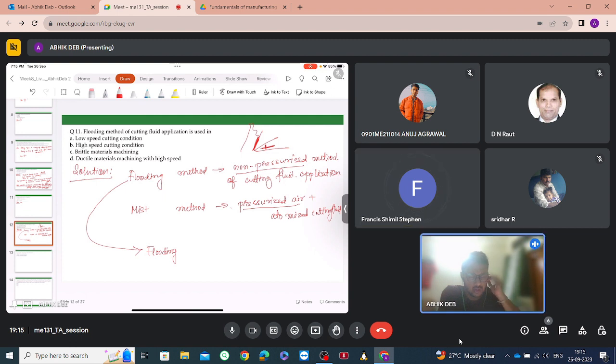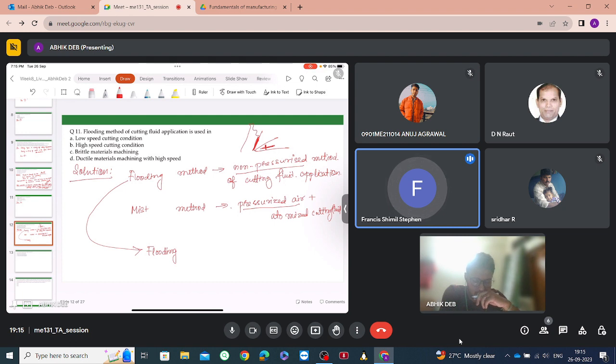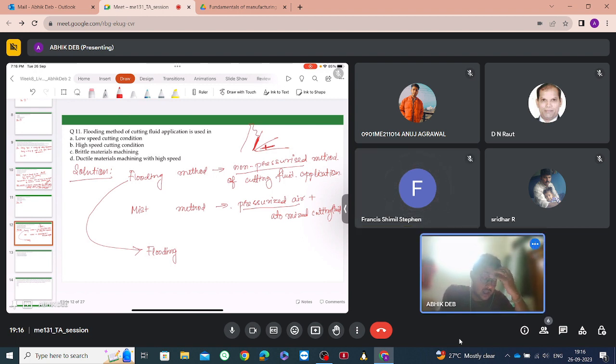Essentially, if pressurized air is used for the application of the cutting fluid, then it is a mist method, and if not, then it is the flooding method. Okay, sir.